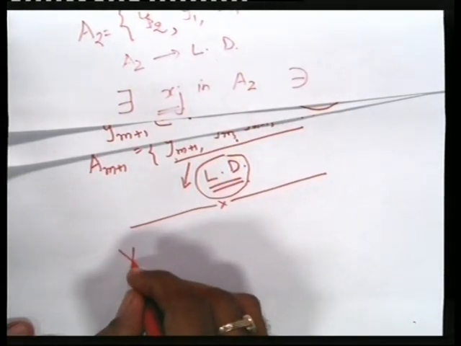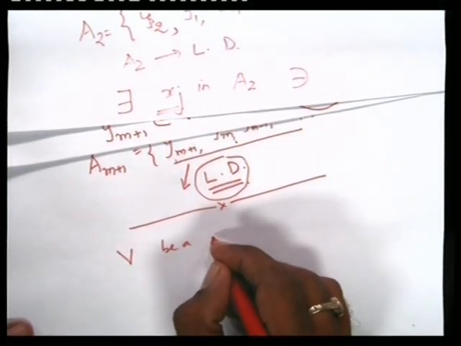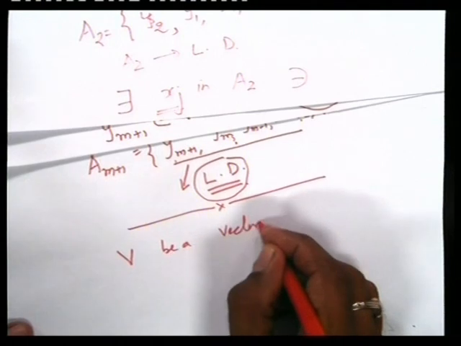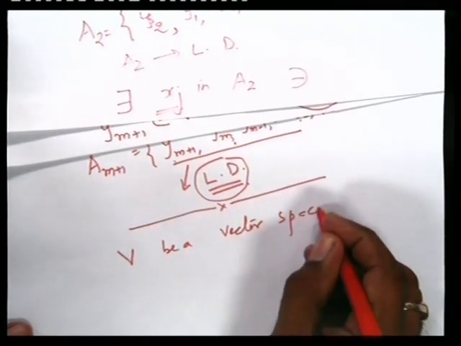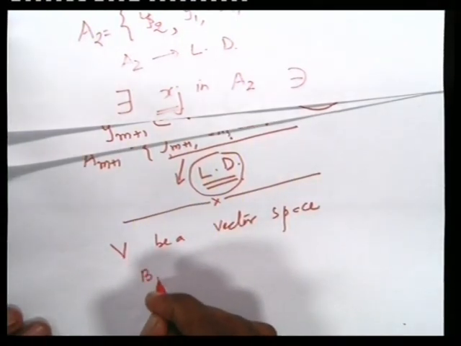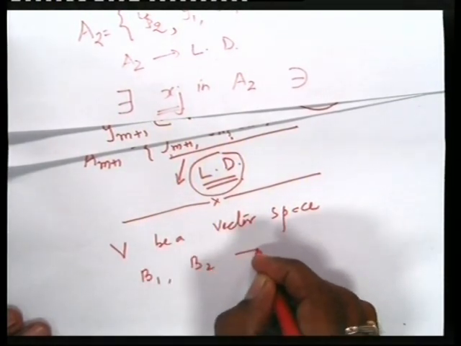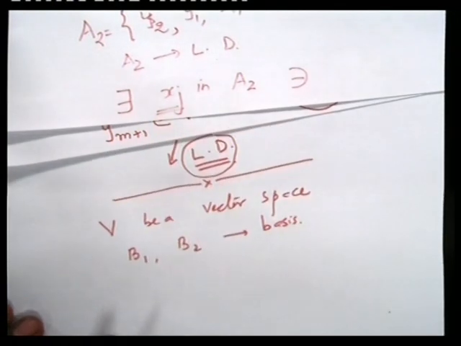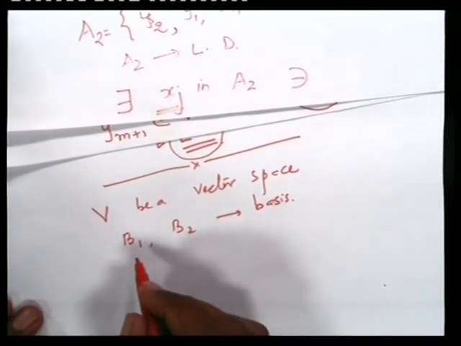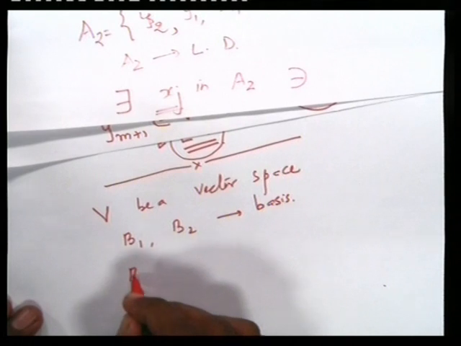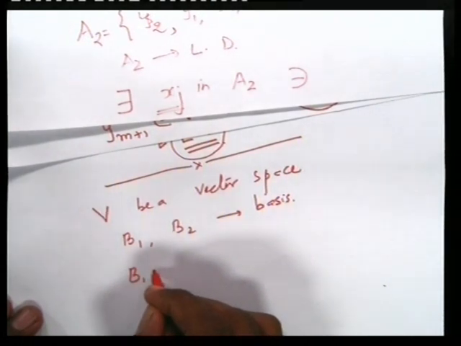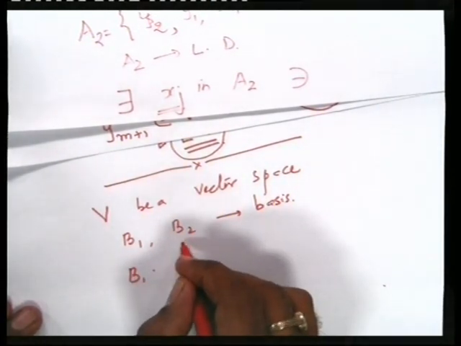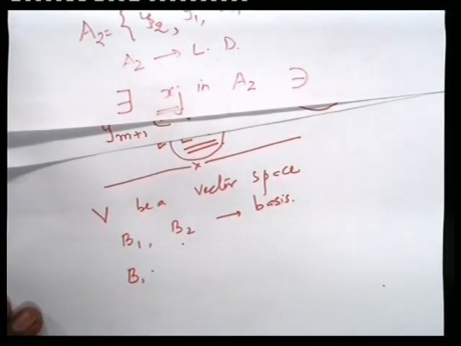Now let us think about that. In any vector space, let V be a vector space and say B1 and B2 are two different bases of vector space V. If B1 is a basis, B2 is a basis, can B1 and B2 have the same elements?